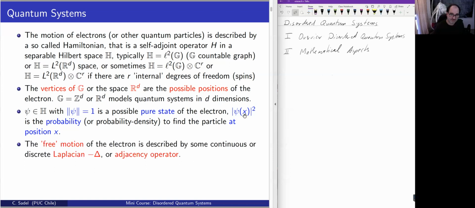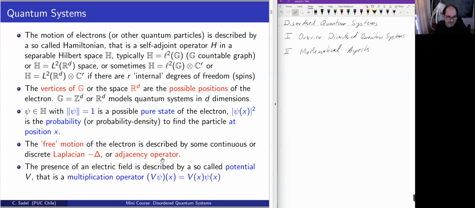And the free motion of the particles is typically described by minus the Laplace operator in R^d. In the discrete case, there is some discrete Laplacian, or very often we use the adjacency operator, or minus the adjacency operator of the graph.